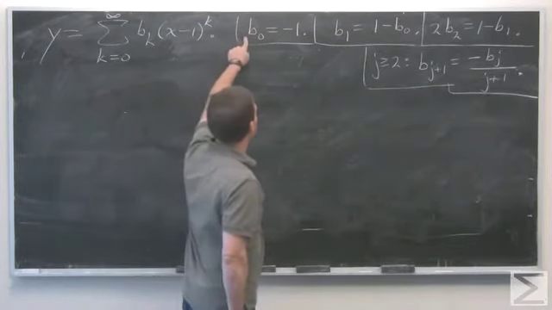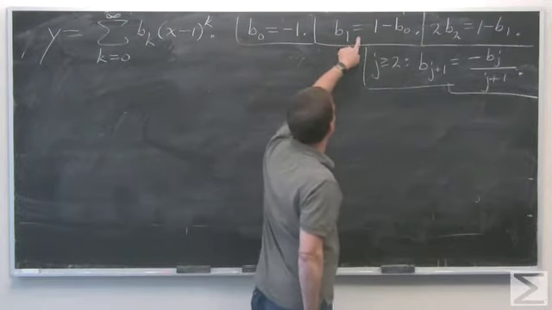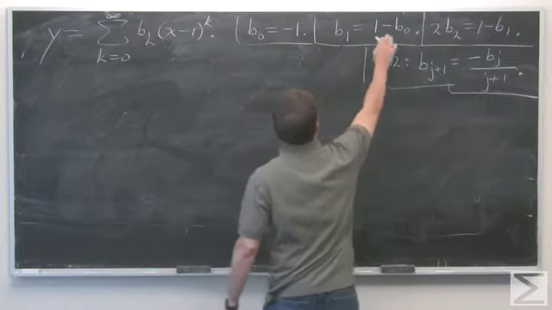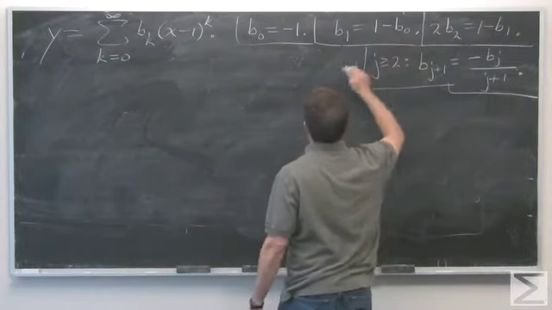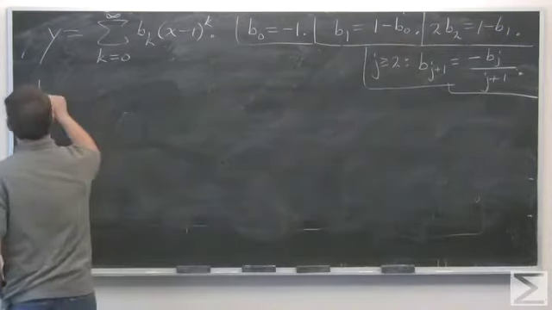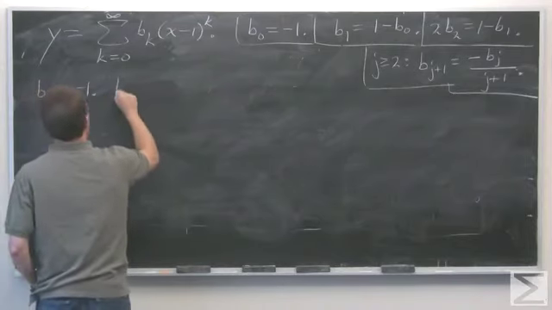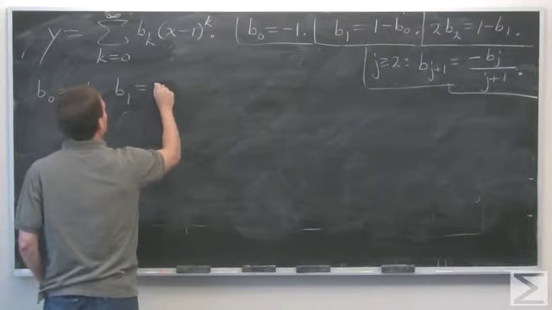All right, B naught is minus 1. B1 is 1 minus that, so 1 minus minus 1. So we get B naught is minus 1. B1 is 2.